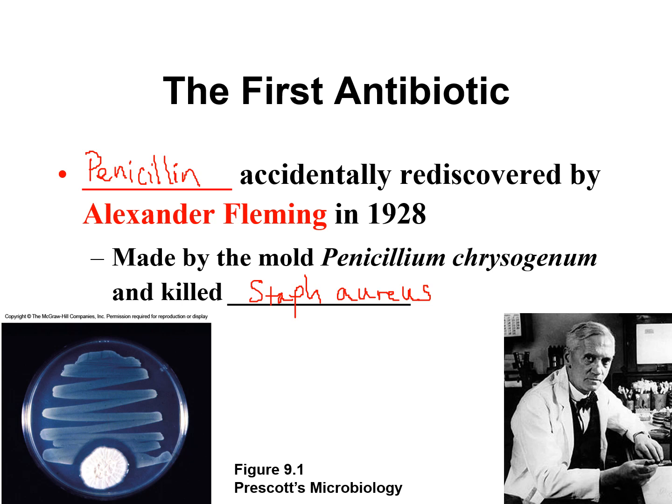And so we actually had to wait until the early 1940s for some other scientists who discovered Alexander Fleming's paper about penicillin, and they were chemists and were able to isolate enough penicillin to actually test it and see that it actually would cure bacterial infections.